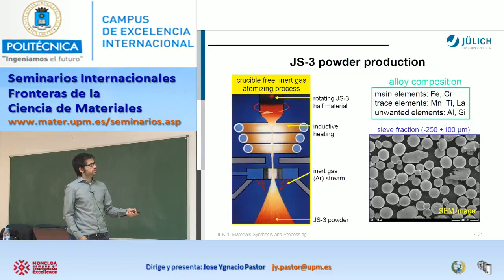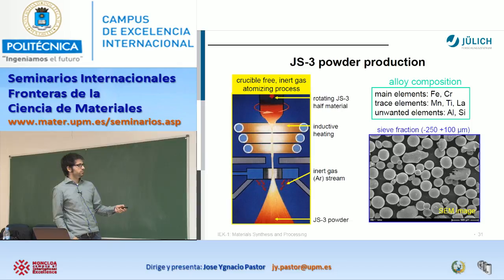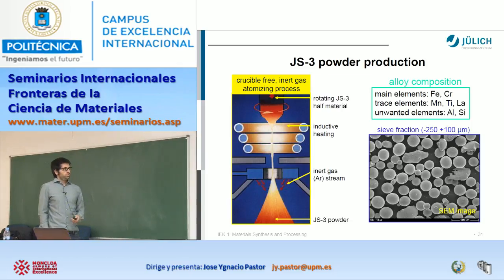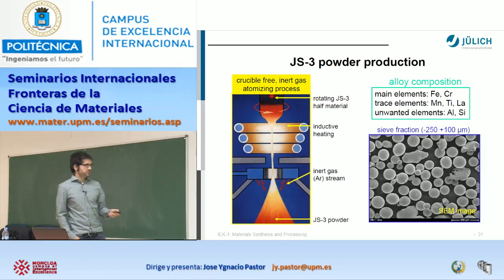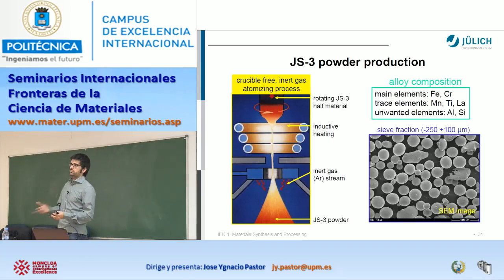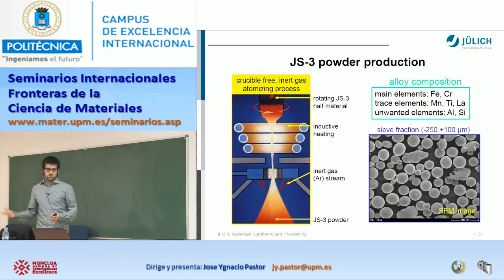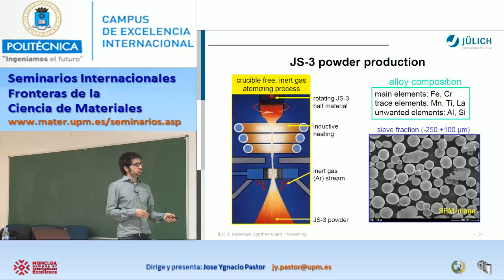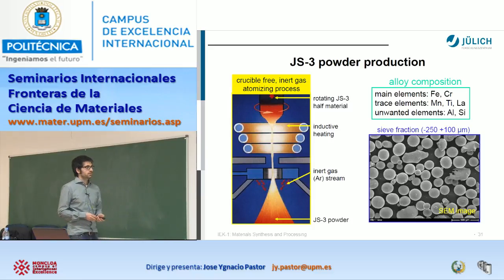I think we have more pictures, but probably in the future. But as I told you, one critical factor is how you produce your powder. It should be perfect spheres, because if they have irregular shapes, they cannot flow. You need your powder to flow, and that's not possible in a suspension, so it should be dry, but flowing. Then the best method is to go for spherical particles.